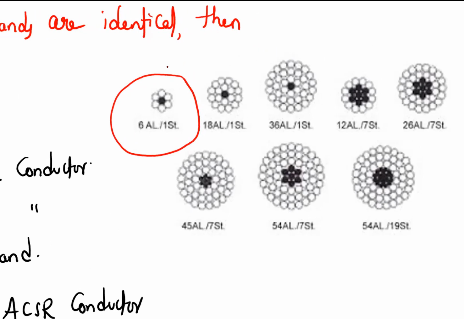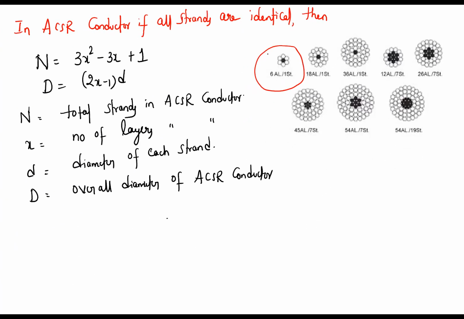One layer. Two layers are there. Middle, center, see, every layer starts with the center conductor, that is one layer. After that, the second layer is there. Now you can see that if you substitute x equals 2, how much N are you going to get? N will become how much?